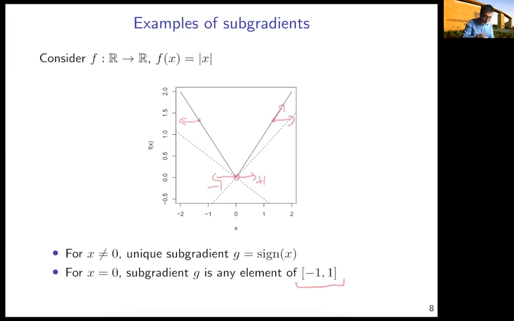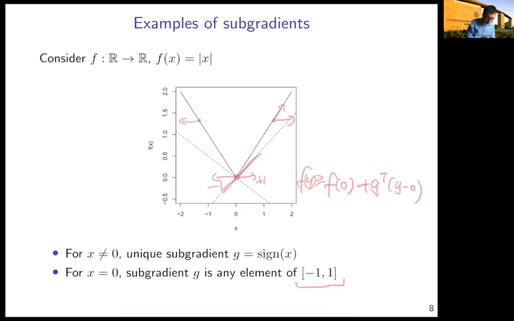Okay, so why is that? Notice that when we change this g, this local approximation, when we adjust the g from -1 to 1, then it changes from these.